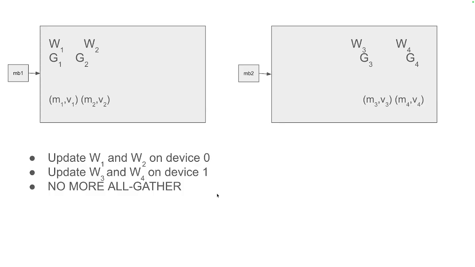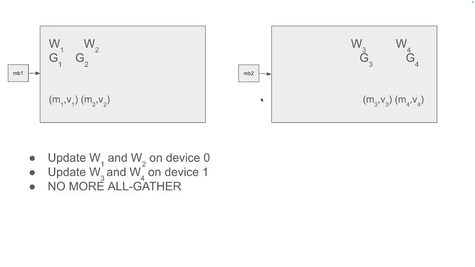And now you don't have to do an all gather as you saw in ZeRO-2, because the weights are already sharded. You don't need W3 and W4 now, because you have already processed the micro batch. So these are ZeRO 1, 2 and 3. Hopefully this was clear.